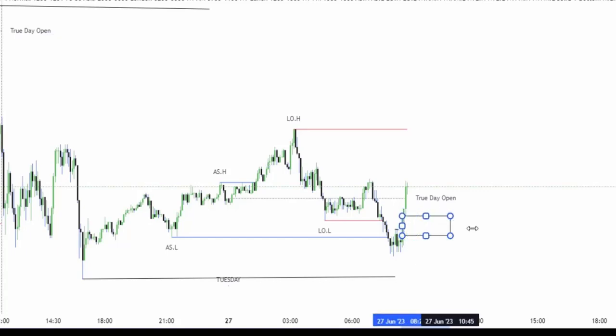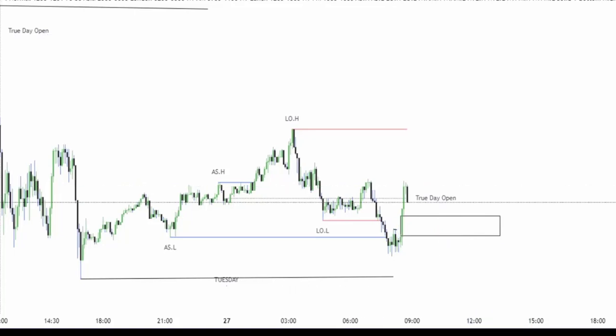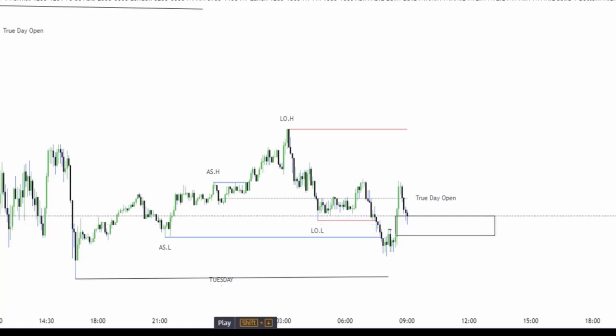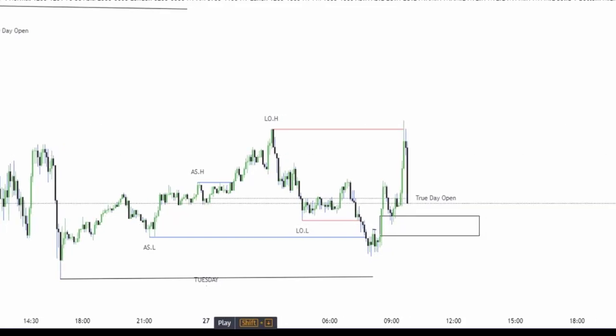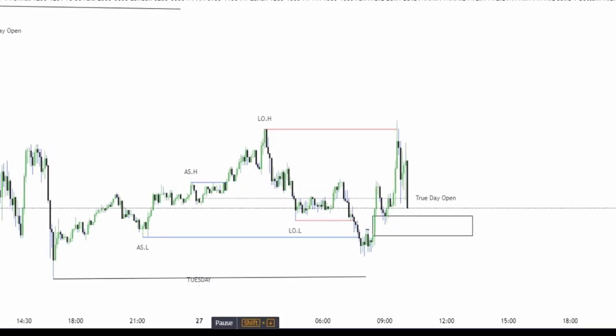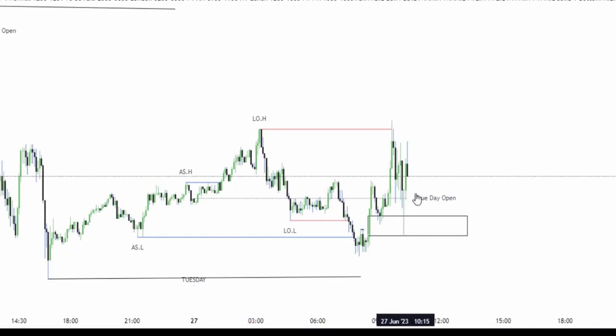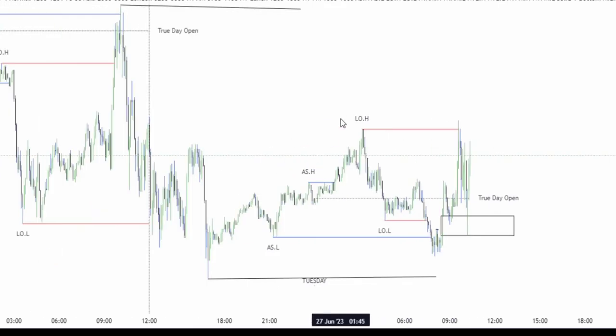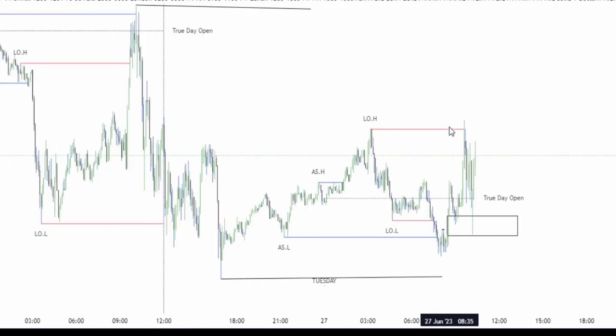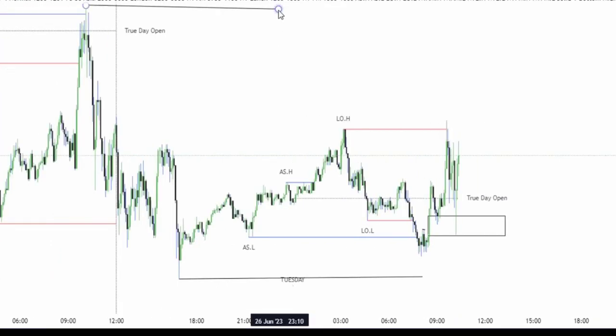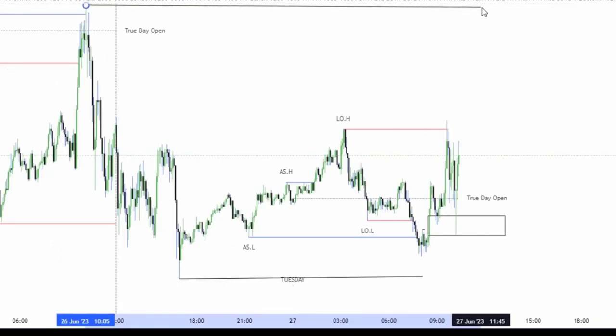So let's see if price respects this fair value gap. As you can see, price is respecting this fair value gap, and we are also taking out our London session high. The next high that we can be targeting from here is our previous day high, which is somewhere here.